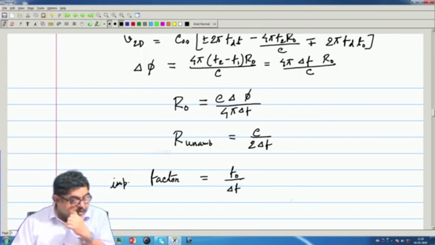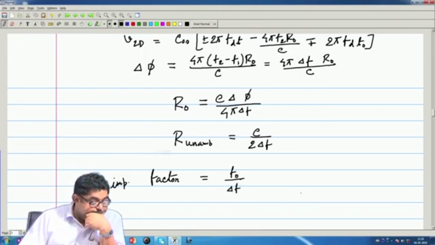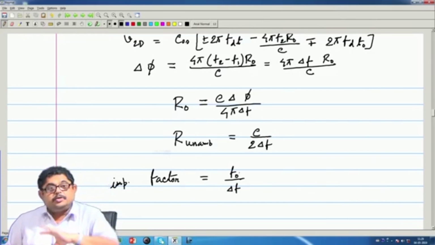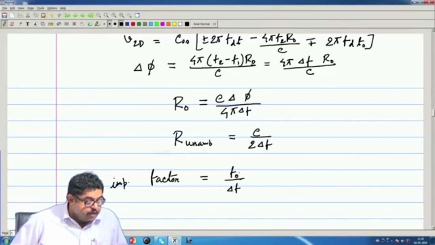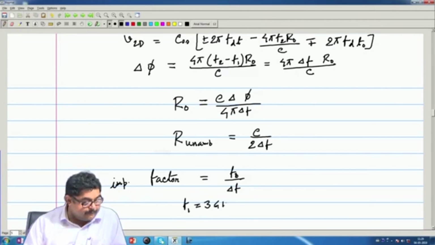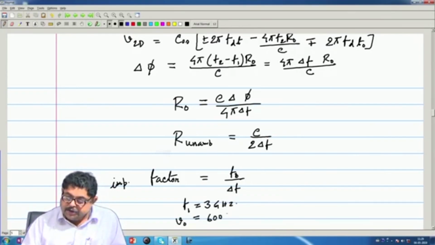Here f0 means actually f1, and Δf is very small, so by a large factor we can improve. Suppose I have f1 of 3 gigahertz, and let us say the target velocity v0 is 600 kilometers per hour.